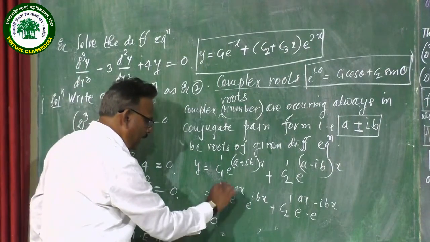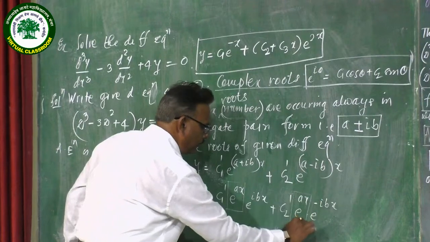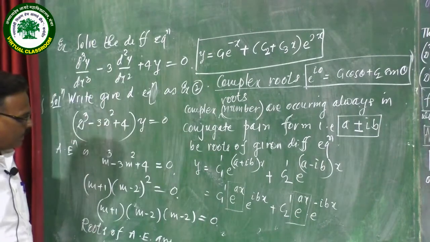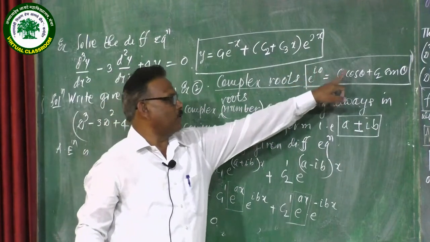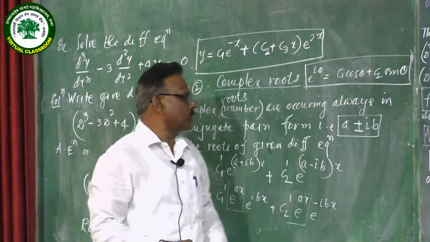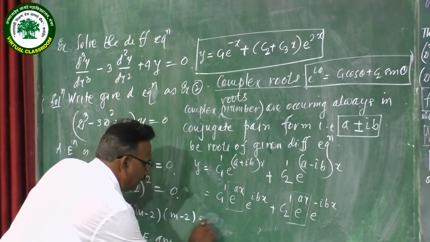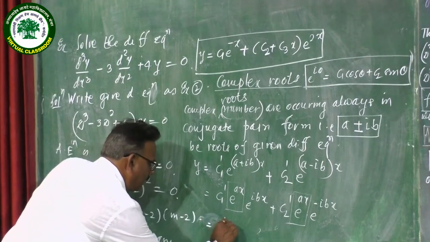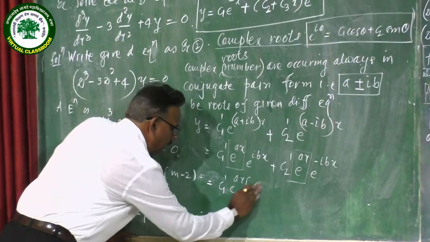Here try to understand, e raised to ax is common in both cases. As we have studied that e raised to i theta is cos of theta plus i sin of theta, what will happen here in this case? This is equal to C1 dash e raised to ax remaining as it is.